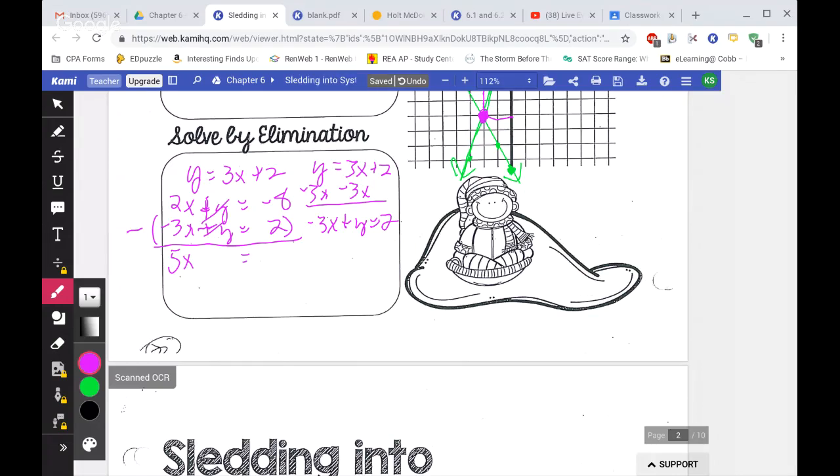And then negative 8 minus 2, that's going to be a negative 10. I'm going to divide both sides by 5. And that gives me x equals negative 2. I substitute negative 2 back into the equation. And y equals negative 4. So negative 2, negative 4 for elimination.